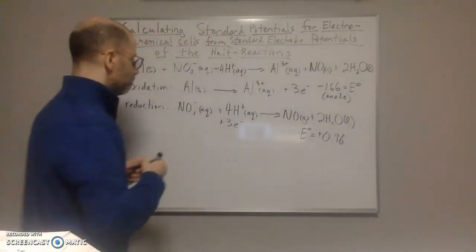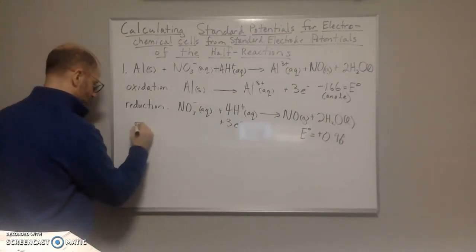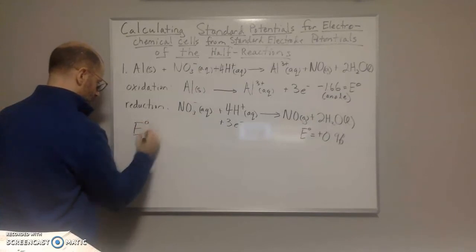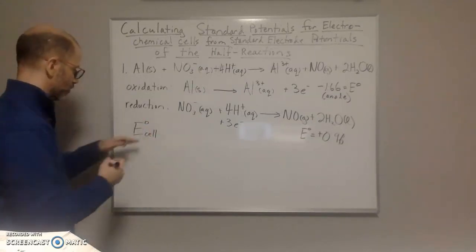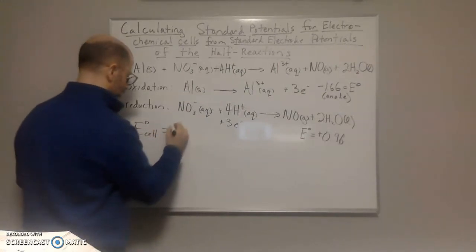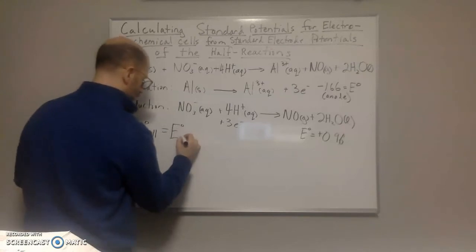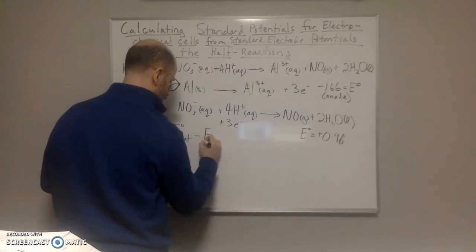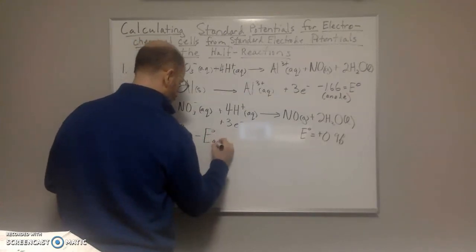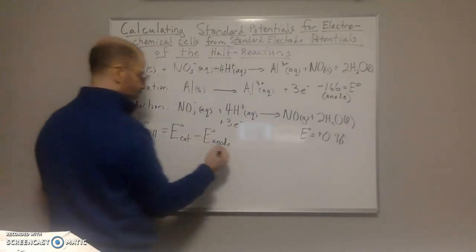And so now we're going to be able to use this equation. The standard potential of the electrochemical cell is going to be equal to the standard potential of the cathode minus the standard electrode potential of the anode. So cathode minus anode.